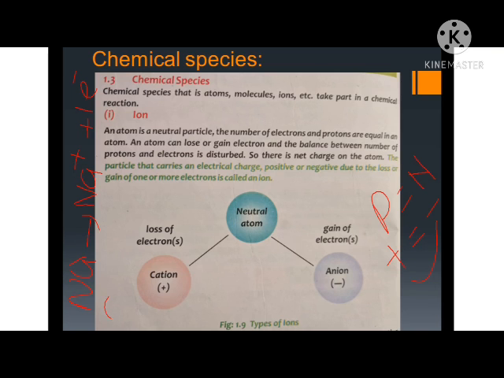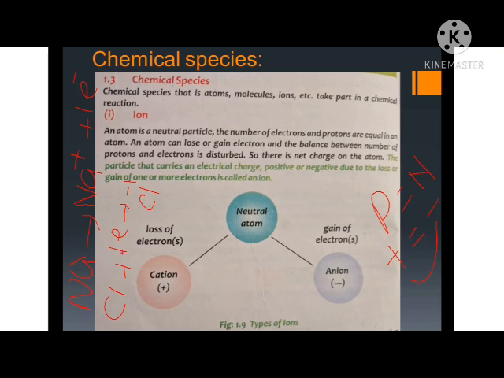Similarly, chlorine is naturally neutral. When it gets an electron from another source, it gives us chlorine negative 1. So this one is also an ion.